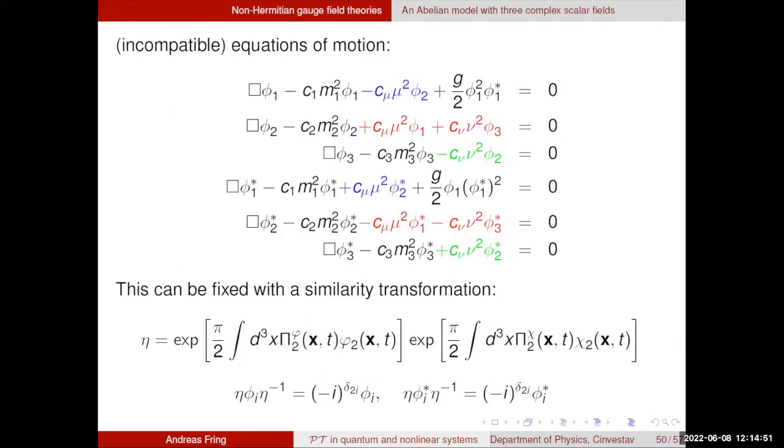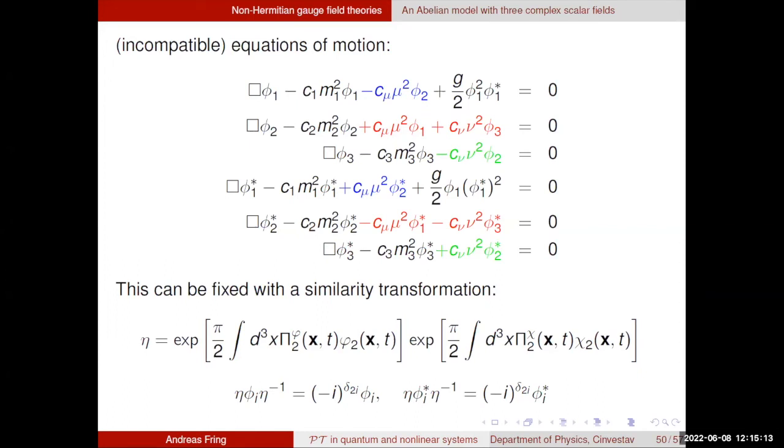equations of motions. And I told you they are not compatible in non-Hermitian theory. And here are all the 6 equations of motions you get from all these fields. And you can see here, I vary with respect to phi 1, phi 2, phi 3, and I vary also with phi 1 conjugate, phi 2 conjugate, and phi 3 conjugate. And this is what you get out.